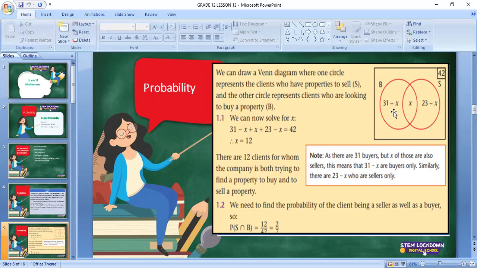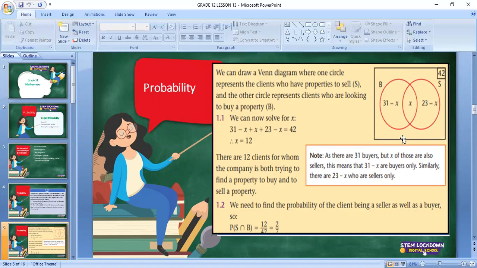The balance of this section is 31 minus X, the number who only want to buy. The other section is 23 minus X, the balance of those who only want to sell. So this one is buy alone, this one is sell alone, and this one is buy and sell.